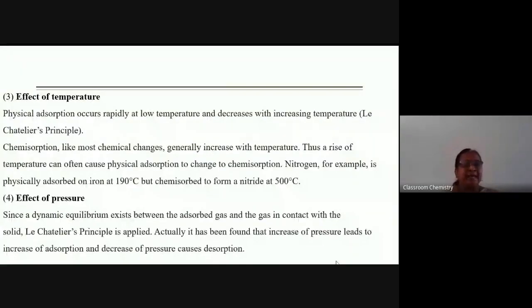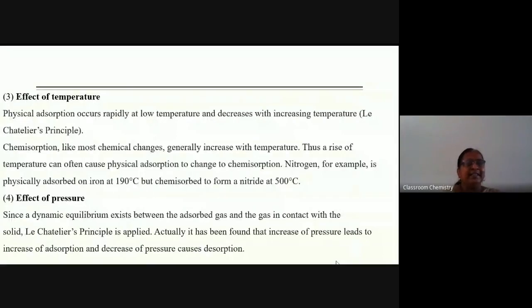Let us consider the next factor. We have seen about the nature of adsorbent and nature of the adsorbed gas, that is, how they affect the extent of adsorption. Greater the surface area of the adsorbent, more will be the adsorption.